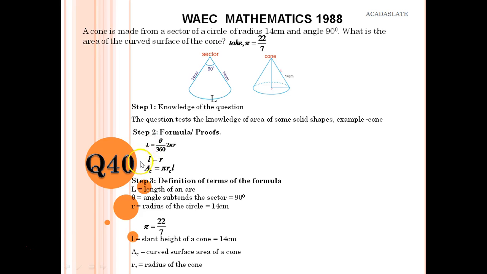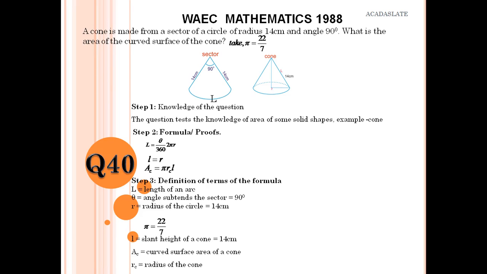Now L here represents the slant height of the cone, which is equal to the radius of the sector of the circle. The formula for curved surface area of a cone is given by pi r_c L, where r_c represents the radius of the cone.